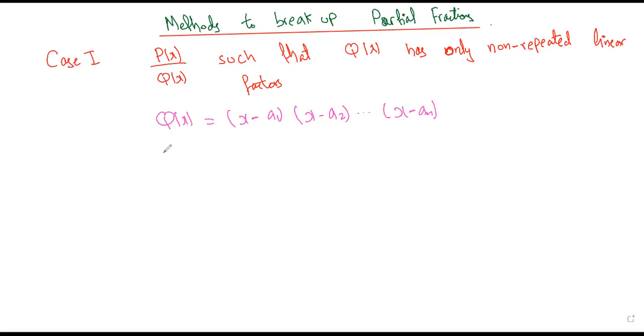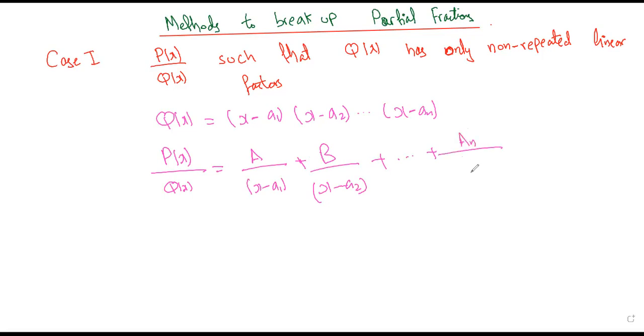Okay, so we will write down p of x over q of x as simply a by x minus a1 plus b by x minus a2 plus, the last one could be, let's say, an by x minus an.